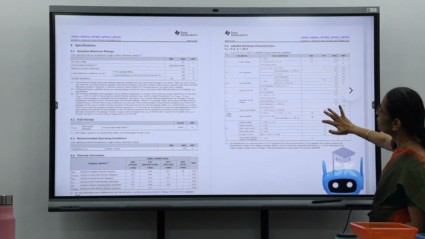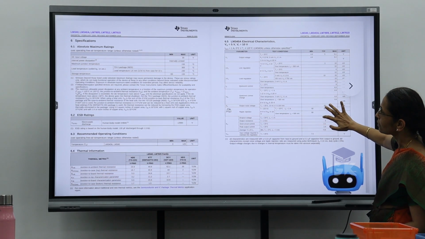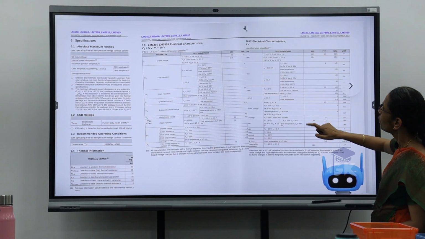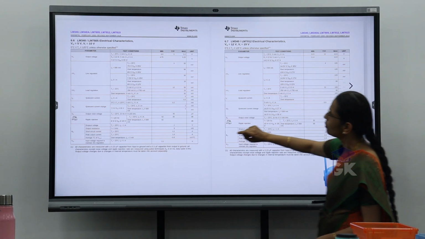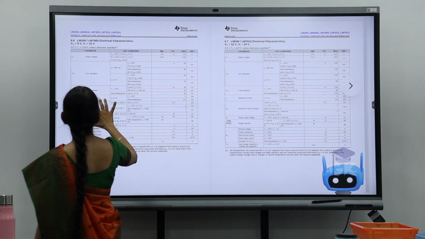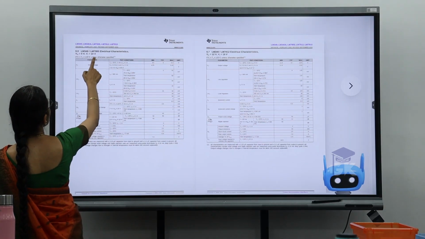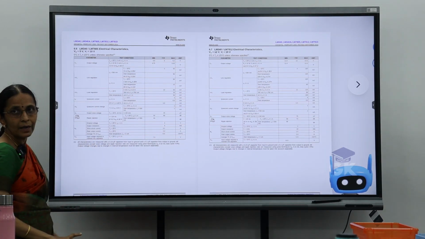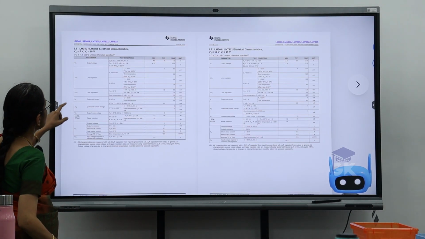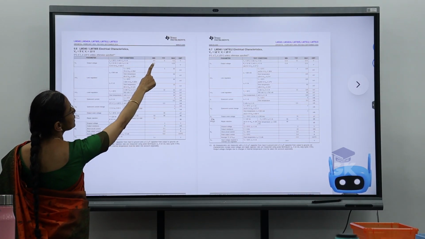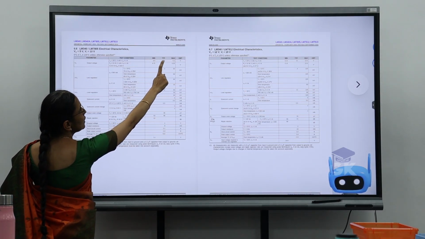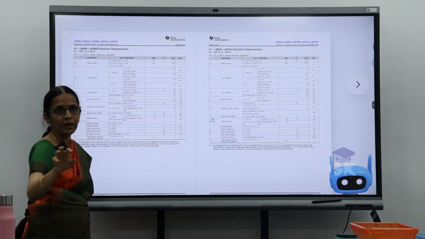And here you can see the electrical characteristics. This is the electrical characteristics of LM340, these are all 340, and this is for your 7805 electrical characteristics. You can see here the output voltage. Output voltage minimum is 4.8, typical is 5, means ideally it should give me 5.